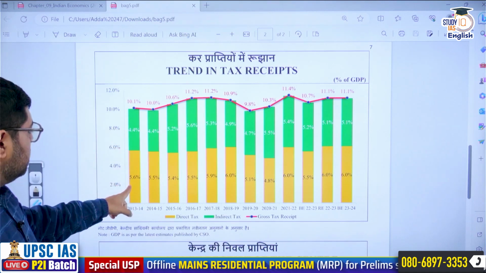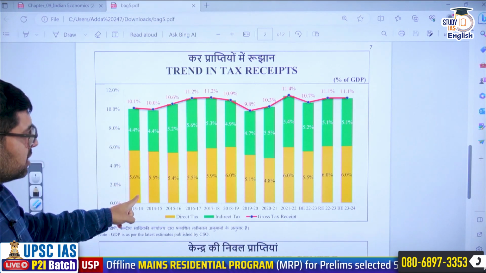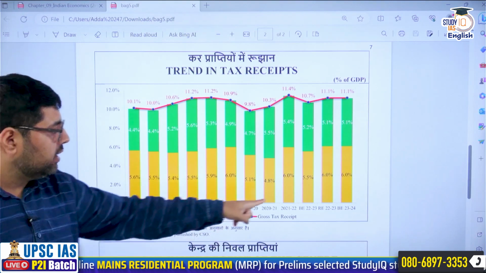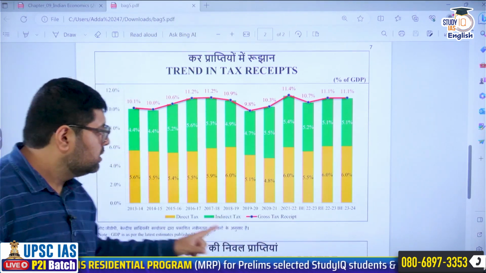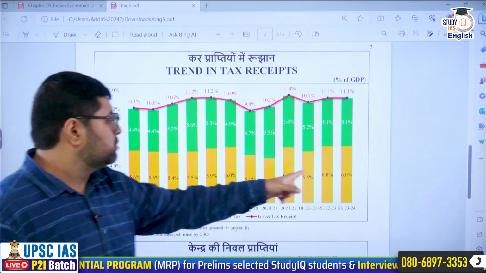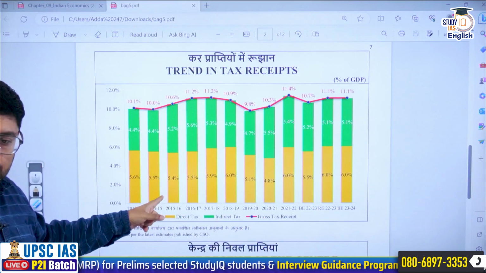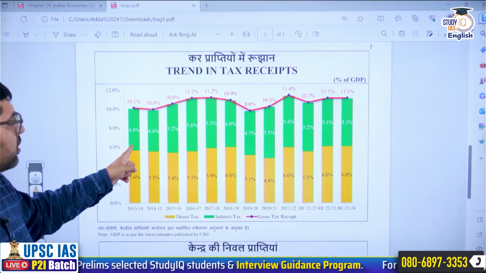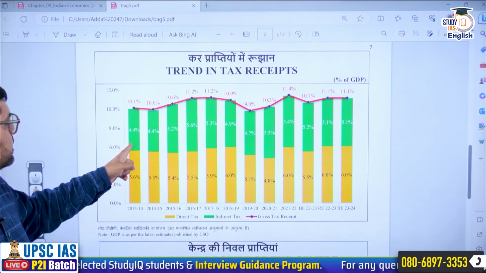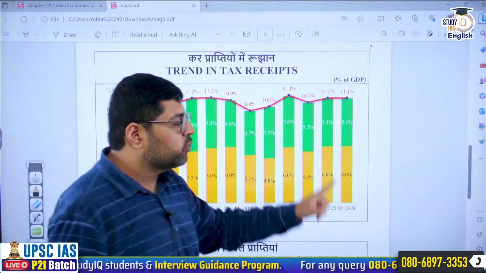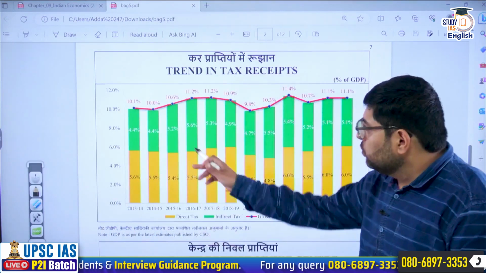The range of direct tax from 2013 till this budget estimate is 5.6 to 6%. It is fluctuating in this range. Similarly, indirect is in the range of 4.4 to 5.1. So you have to remember.